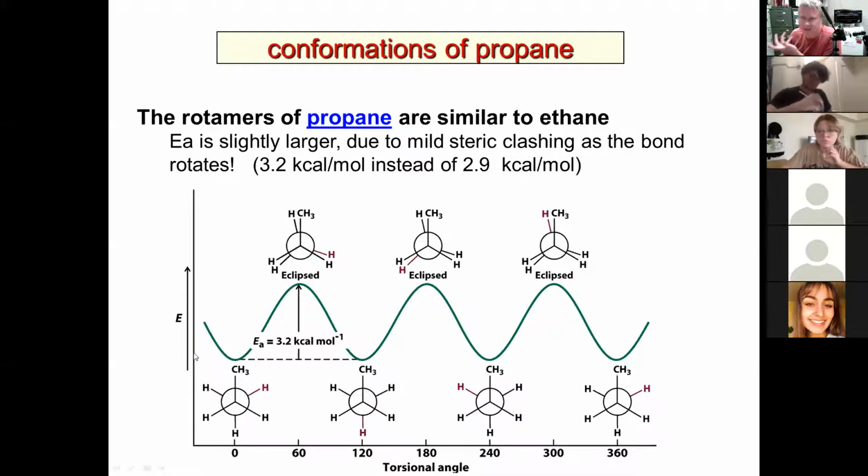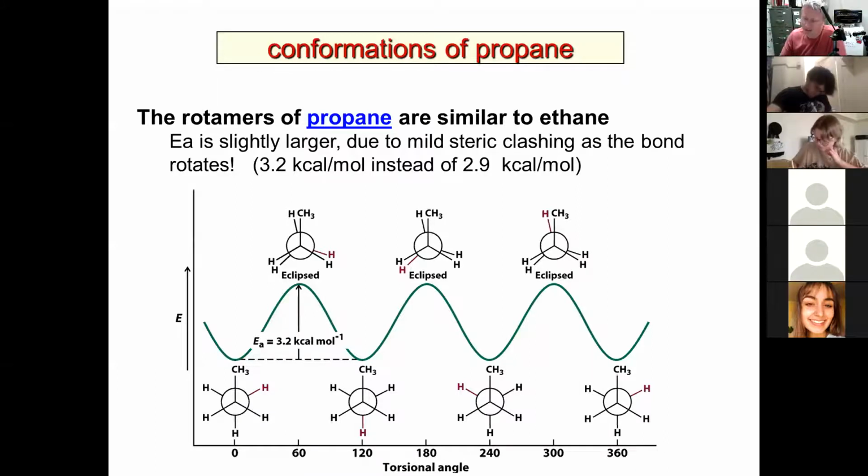It's the same idea. What's different though? The energy barrier is slightly higher. It's just a little more energy because you have an extra atom and it has a little more of an interactive force. So nothing different. Ethane and propane, basically the same. You still got staggered, you still got eclipsed.